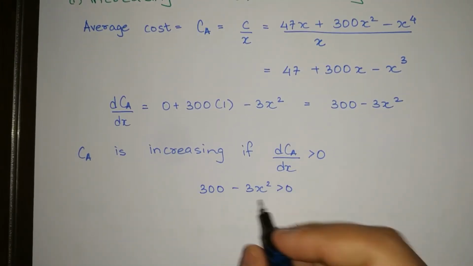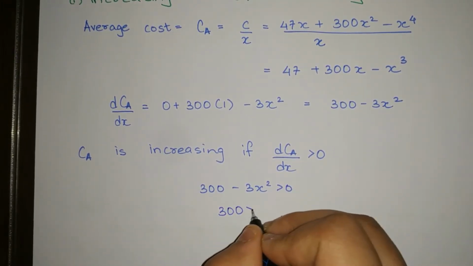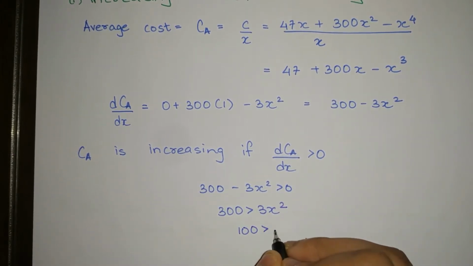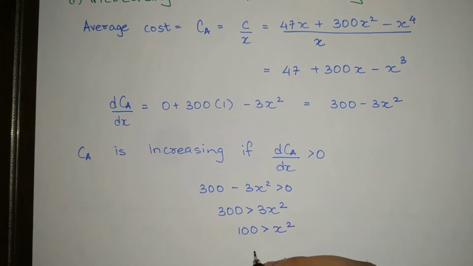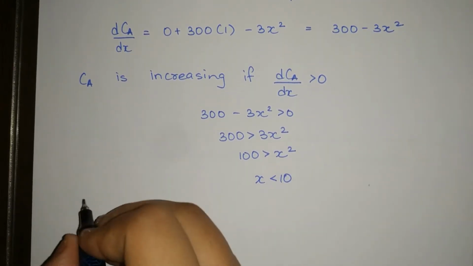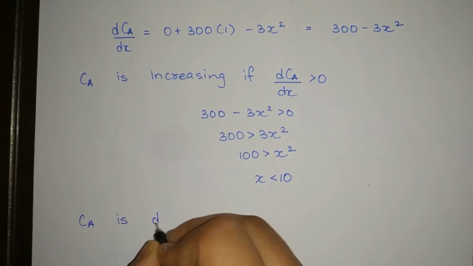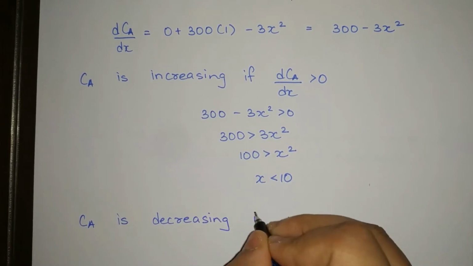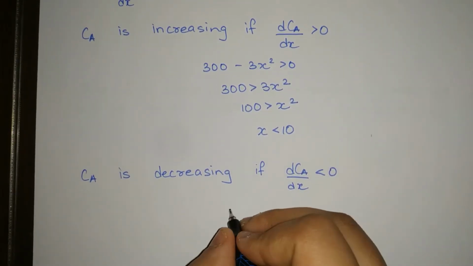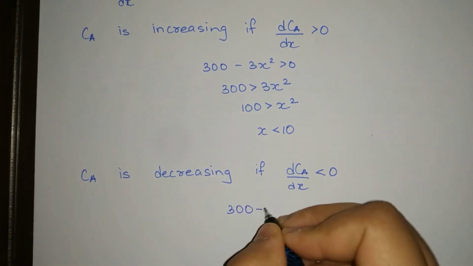Okay. So that implies that 300 is greater than 3x square. That is 100 is greater than x square. And that means that x should be lesser than 10. ठीक है. And now CA is decreasing when the derivative is lesser than 0.